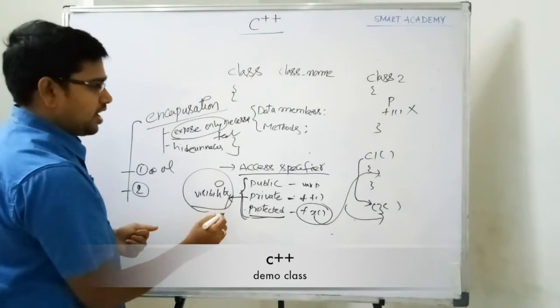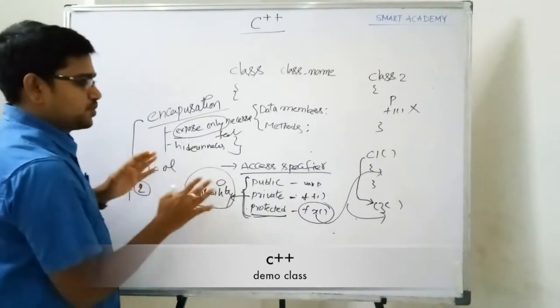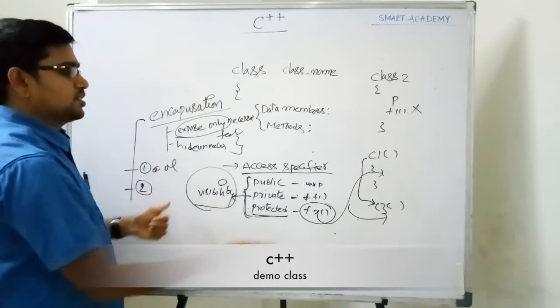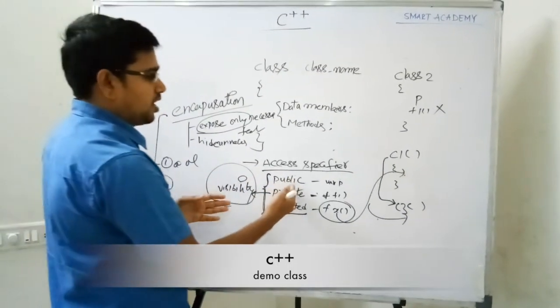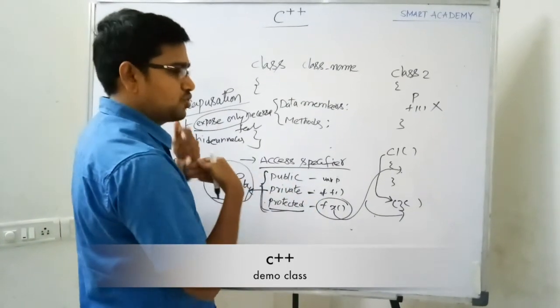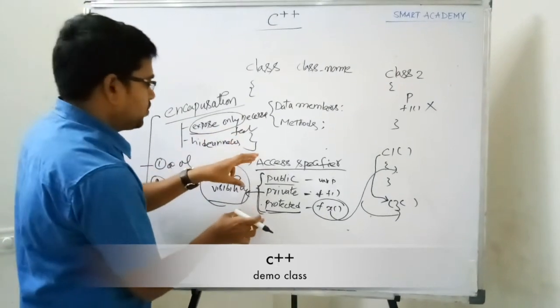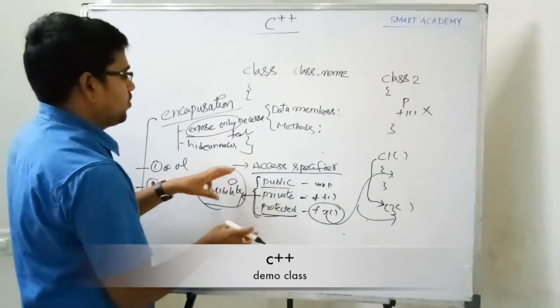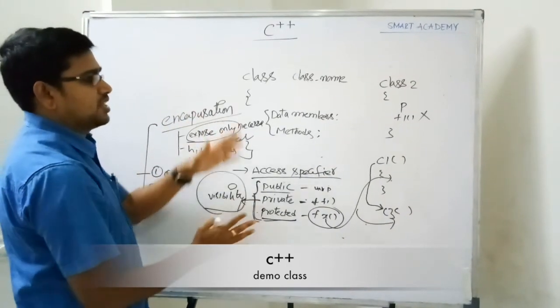And if I have a data member and I don't want other classes to access it, then I will define it as private. And if I have a variable which I want to expose throughout the program, I will define it as public. So the visibility will eventually achieve the feature of encapsulation in C++.